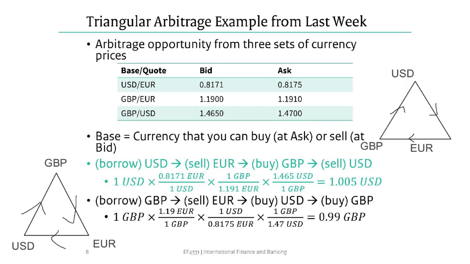The reason they use triangles is because you can start at any corner. It doesn't matter, and you will reach the same conclusion on whether or not there is arbitrage profit. In this case, I started from USD, but you don't have to. You can start from euros, but as long as you go through the same chain of currencies, you will reach the same conclusion that there either is or isn't arbitrage profit.